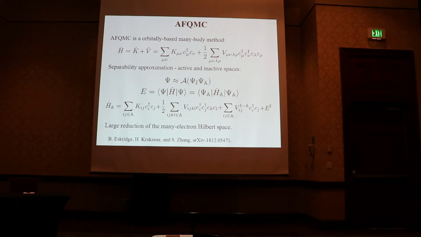And the Hamiltonian then looks this way, and the inactive region only contributes a one-body term. And this leads to a large reduction in the Hilbert space, and you can look at the details in this paper. This is essentially what you do in the superpotential method. The superpotential method can be understood to be exactly the same sort of thing.